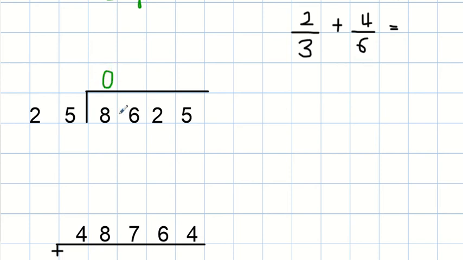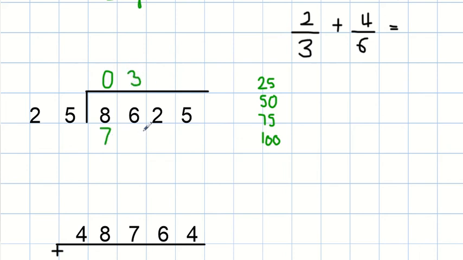Now I'm thinking 25 into 86. Well, I know I can count in 25s really easily actually. 25, 50, 75, 100. So the closest I can get to 86 is 75, which is 3 times.